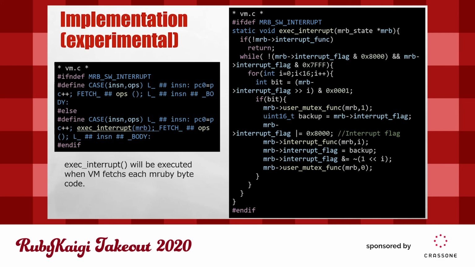So using this software layer interruption, the user can add the interruption script using Ruby. This code is called from this entry point function.